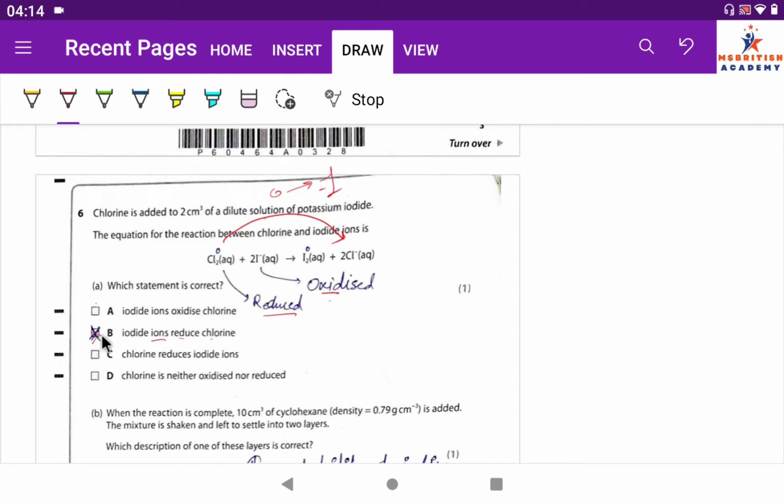So from here B is the correct answer. Iodine ions oxidize chlorine? No, this is wrong, it is reduced. Chlorine reduces iodine ions? No, it is oxidized. So B is the correct answer.